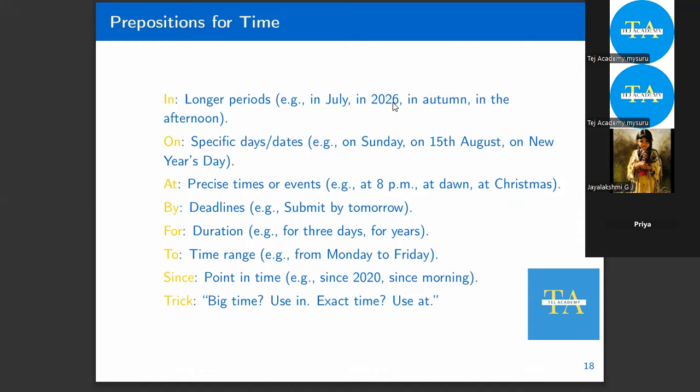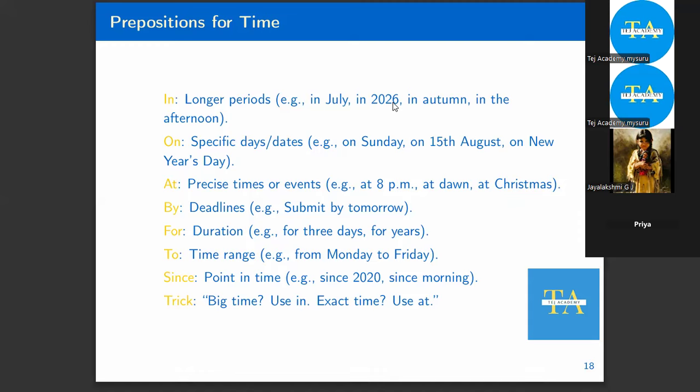It should start with one point and end with another point, from Monday to Friday, from January to February, like that. And since, of course, is a beginning point of something, like since 2020 or since morning. He's working since morning or he's exercising since morning. It should speak about the specific time at which the event started.